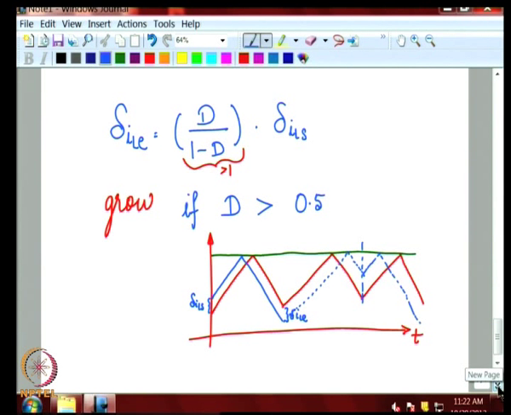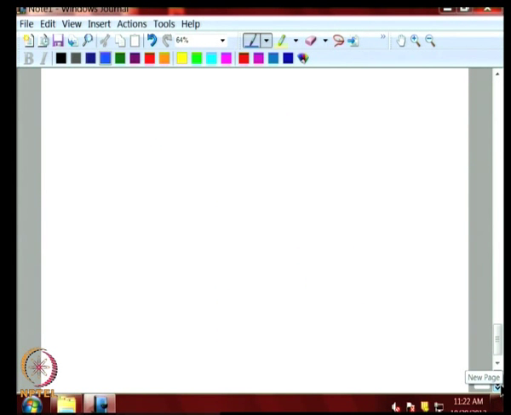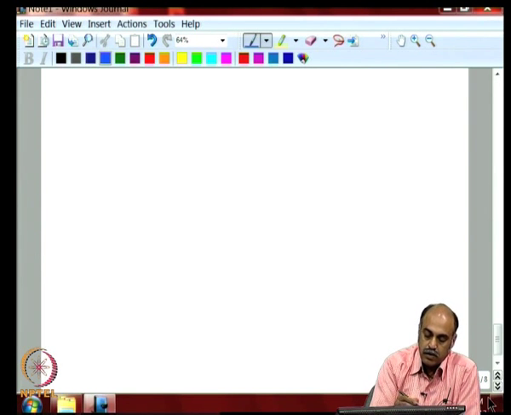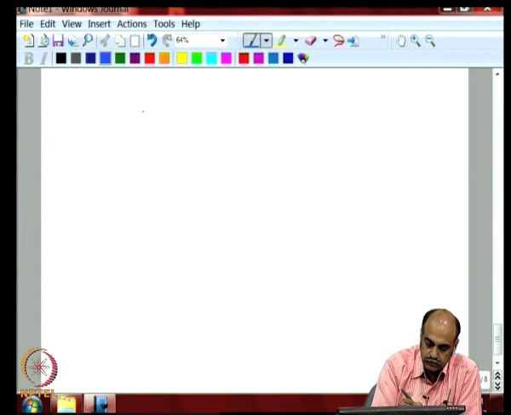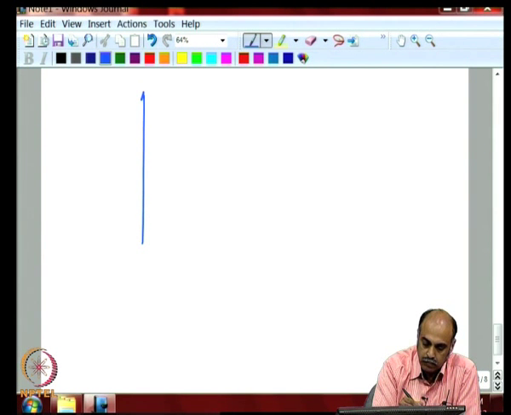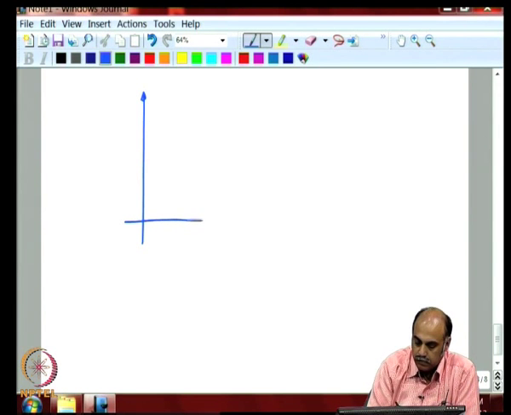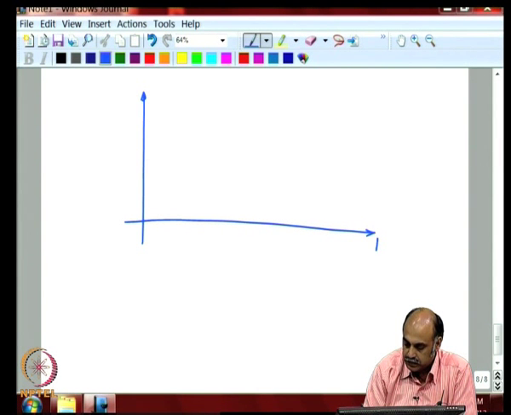Therefore, we need to make a correction which will try to make the system stable even if the duty cycle is greater than 0.5. So, what is it that we try to do? We try to attack the problem in this fashion.